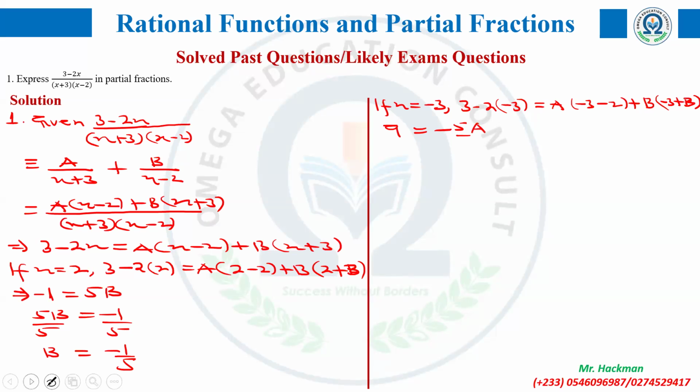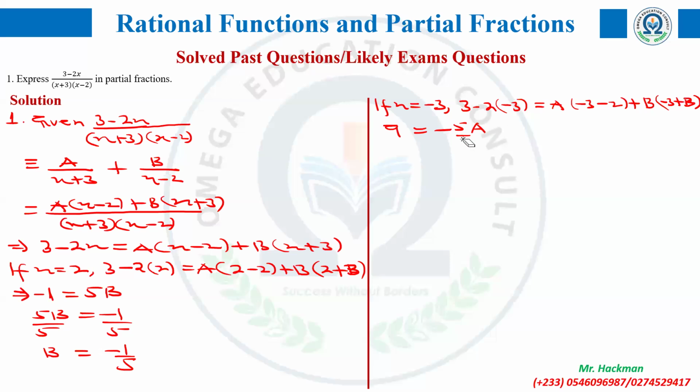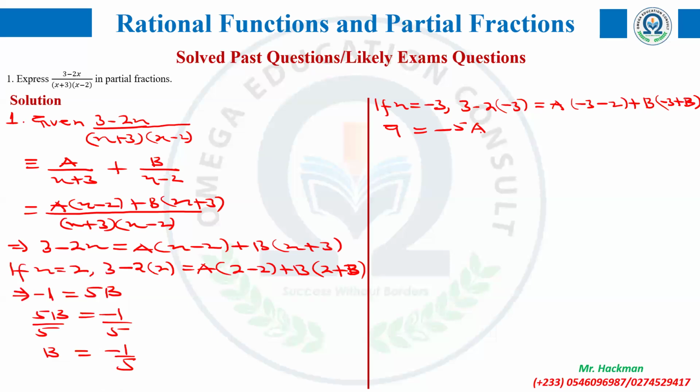I cannot perform my division at that point, so let me clear. Then this will give me 0, so I know that will be the last thing that I need to write on that step. So here I am going to divide by negatives. I'll write 9 over negative 5 is equal to negative 5a over negative 5.